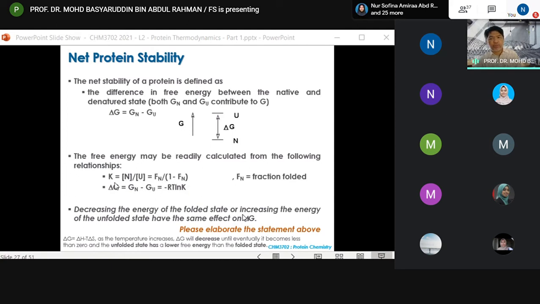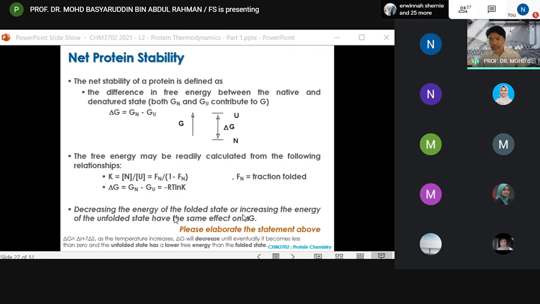We also know that delta G is equal to delta H minus T delta S, but now we can convert it, so delta G is equal to minus RT ln K. Based on this, we can solve the equation.